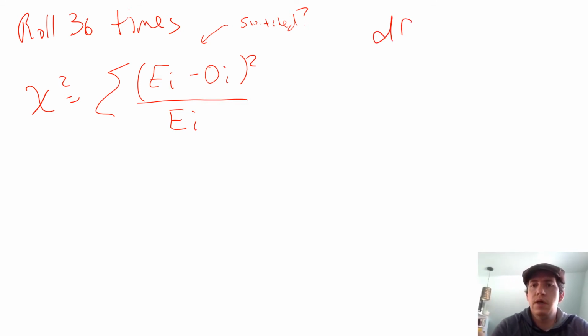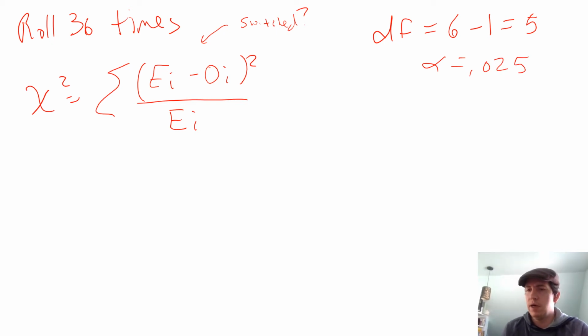Degrees of freedom in this case, there are 6 different things that could happen. And so our degrees of freedom is equal to 5. And that was what allowed us to, on the previous slide, look up our chi-alpha squared, because we knew that our alpha, which is equal to 0.025, we used that along with our degrees of freedom to look up our chi-alpha squared, and we already know that our chi-alpha squared is equal to 12.833.